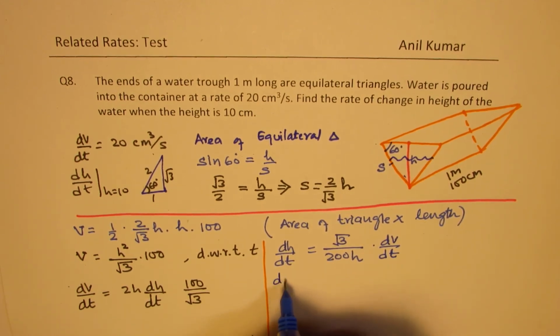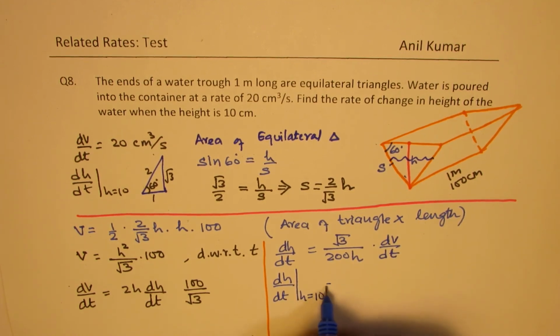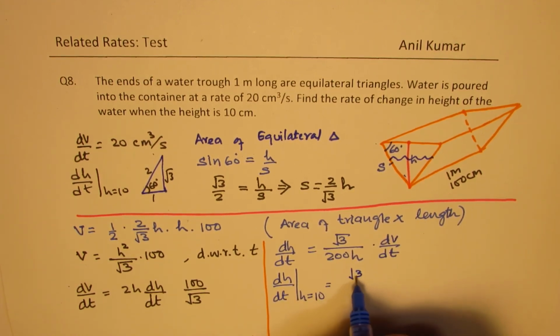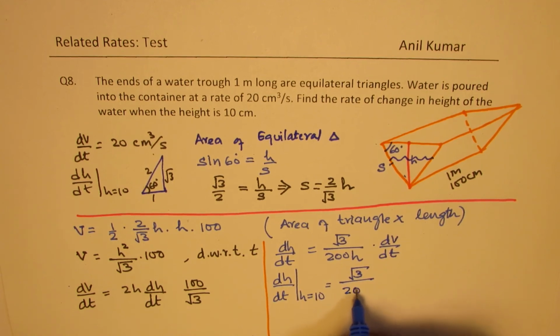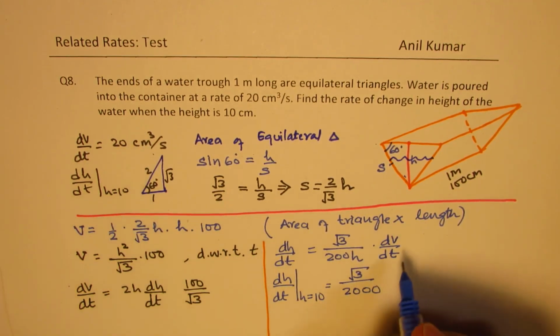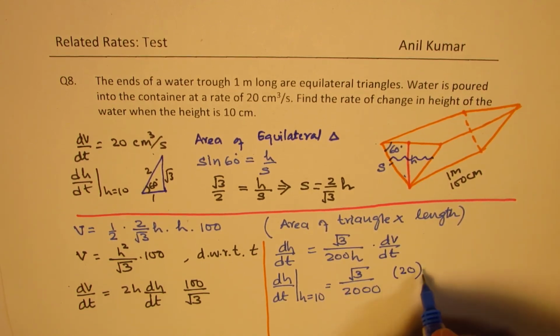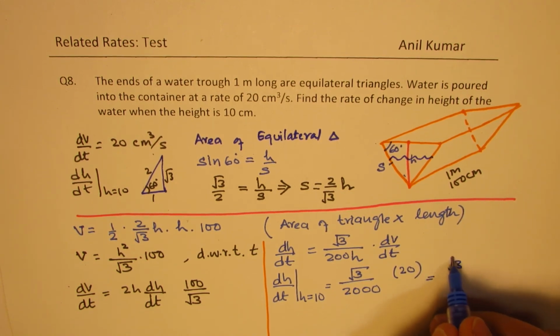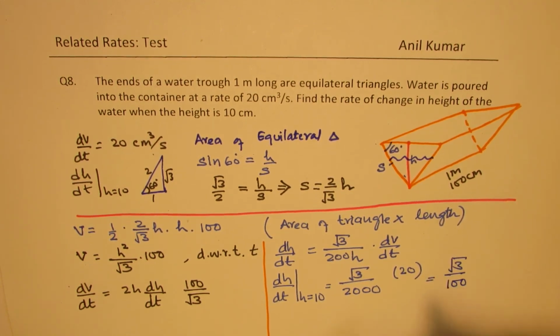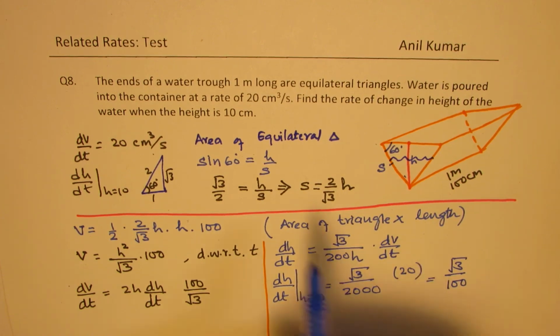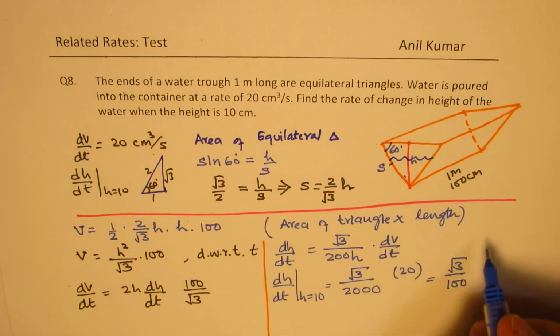Substituting the values, we get dh/dt for height equal to 10. So it will be square root of 3 over 2000. dV/dt is given to us as 20 centimeter cube per second. We'll just multiply by 20. Right. So that goes 100 times. So basically square root 3 over 100. And the units are going to be centimeters per second.